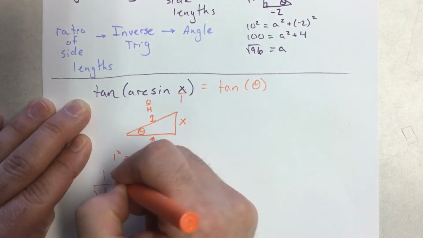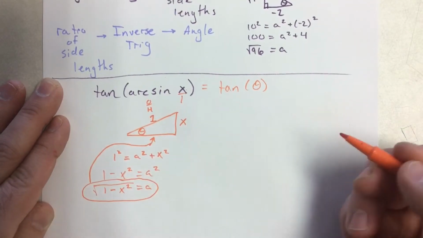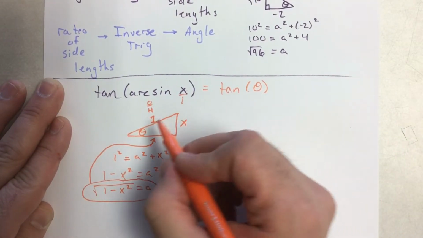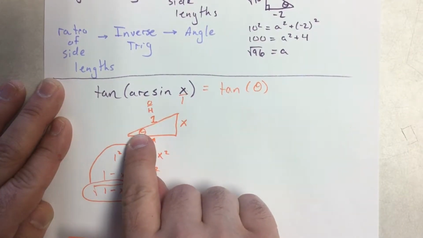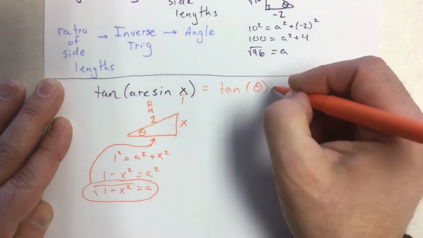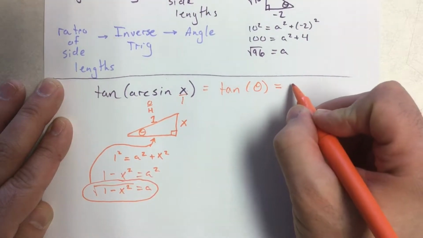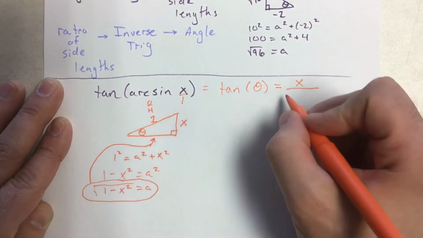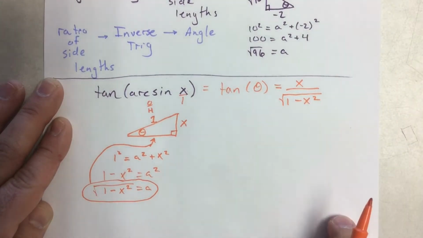So this is a side length. Now, knowing this side length, I can find the tangent of our angle. We don't know the actual value of the angle, but that's okay, because tangent is opposite over adjacent. Opposite to our angle is x. Adjacent to our angle is the square root of 1 minus x squared.